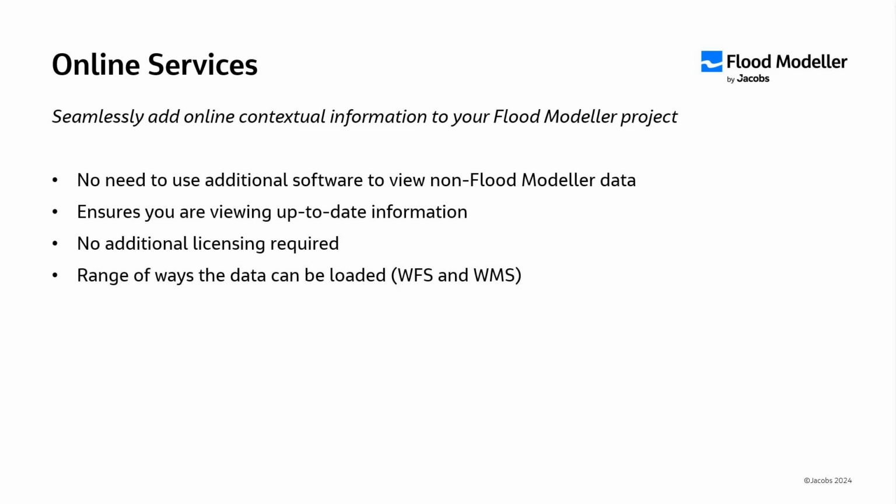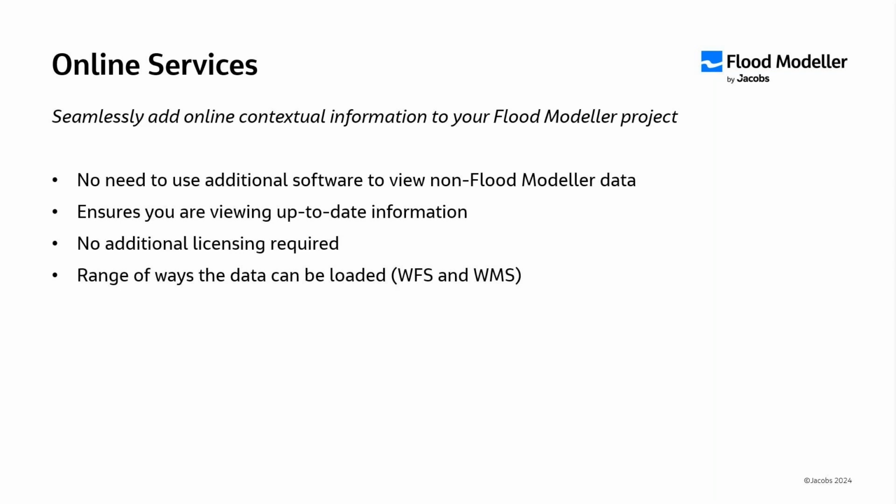So for example, maybe if you're based in England and you're interested in the Environment Agency, perhaps you're doing an FRA of some kind, and you're looking at flood map for planning, so flood zones 2 and 3. Fluid Modeler can draw on the DEFRA, the Environment Agency services or server to draw that information, the most up-to-date information off that server. So it ensures you're getting, as I say, up-to-date information.